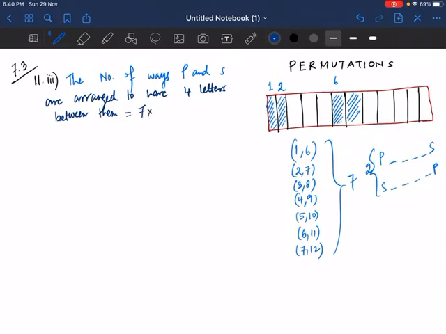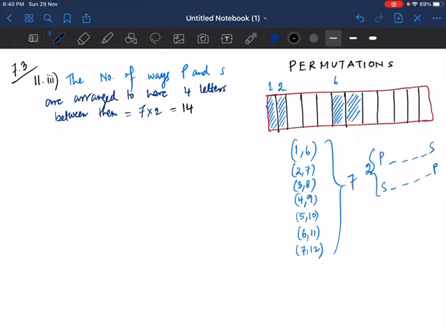So that is equal to 14. So there are 14 ways we can put P and S in positions with 4 letters between them. Right? Now we have done that, P and S are positioned.